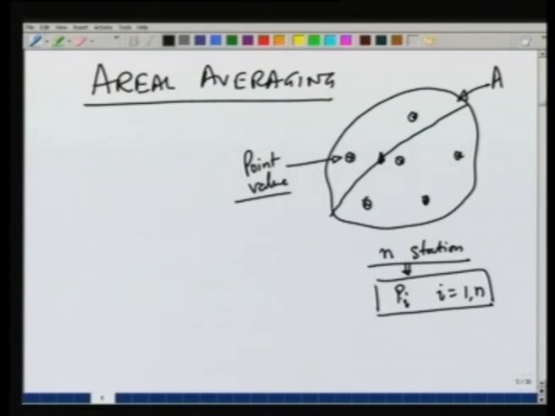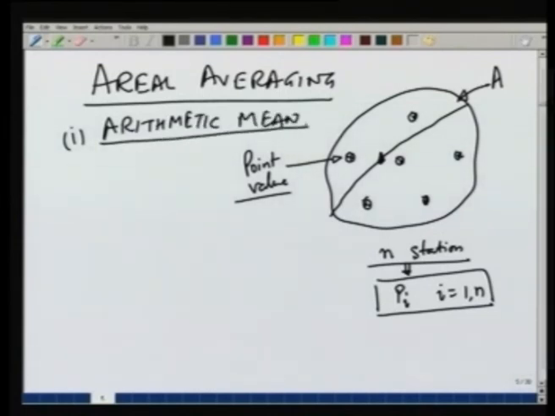So, the simplest way of course is to find the mean of the data. A simple arithmetic mean of the data may be thought of as the average depth over the entire area.